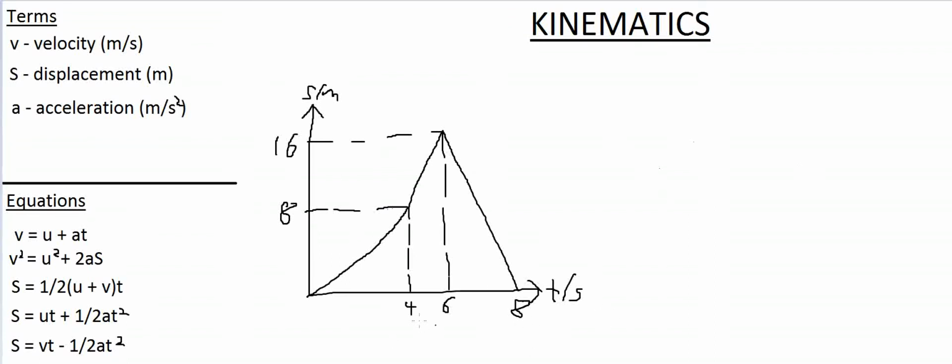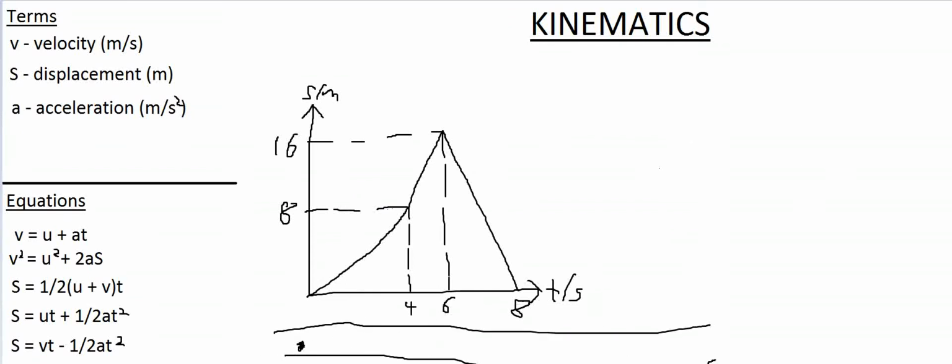What it means here is, let's say this is the displacement time graph of a car traveling on a road. Let this be the road. This is the point when s equals 0, the origin.